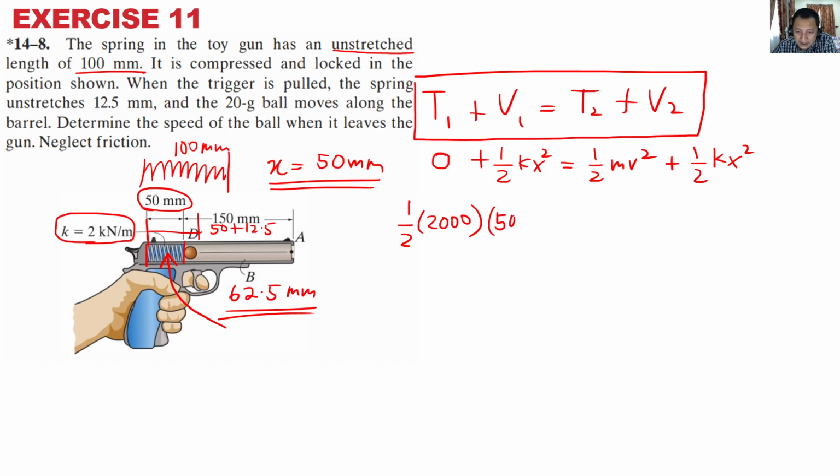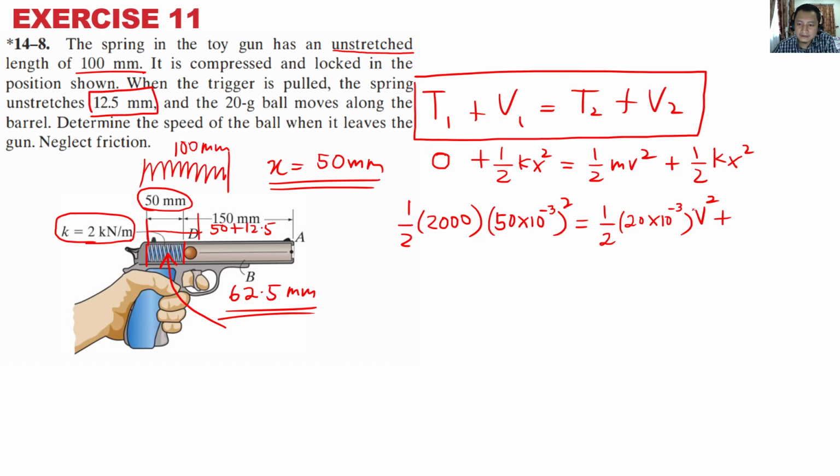So 50 times 10 to the power of negative 3 squared. Ini original spring's energy. Bila kita release sikit 12.5 mm ni kan, kita akan nampak half mass of the ball, 20 gram. 20 times 10 to the power of negative 3 jugalah. V squared you don't know.